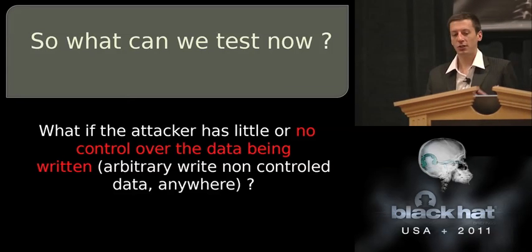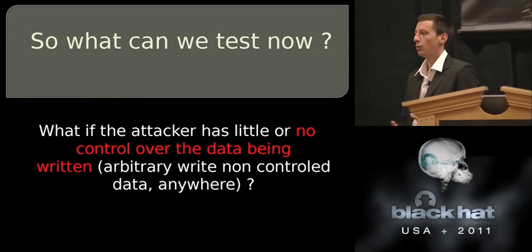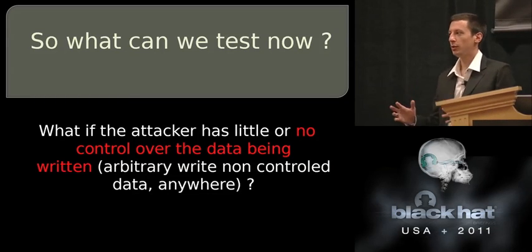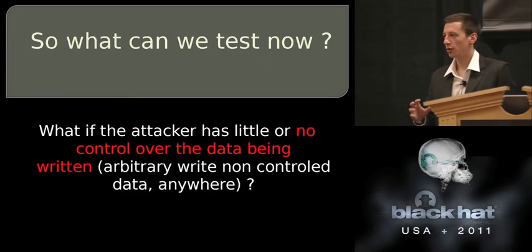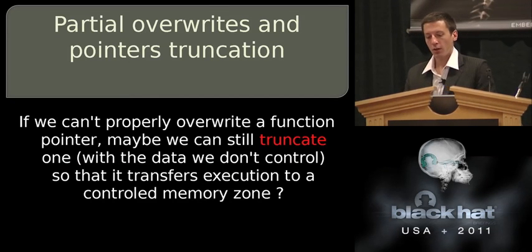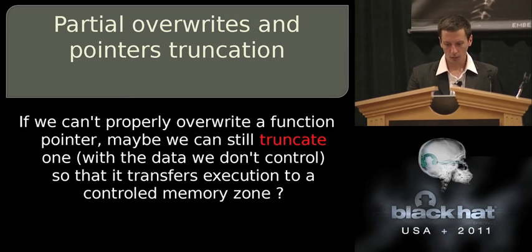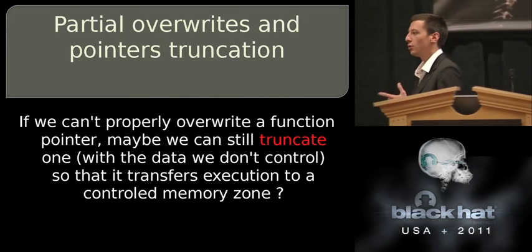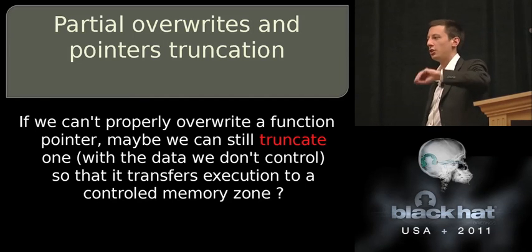So we're going to see subcases which are still interesting, where you have less control either on the data being written or on the location to which you're writing. So if you don't control at all the data you're writing, you can choose any location you want, but you don't get to choose which data you're writing.